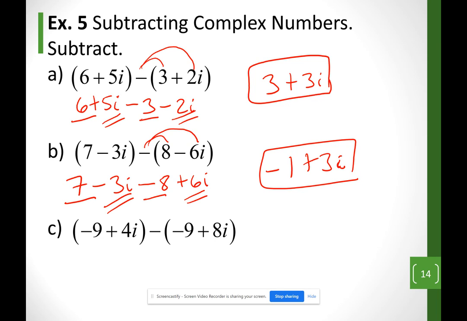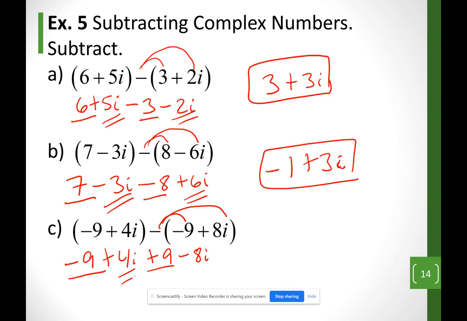Let's take a look at example C. Negative 9 plus 4i. Because of the minus, let me distribute to the parentheses that comes after. So it's going to give me plus 9 minus 8i. Let me take out the real part. Negative 9 plus 9, that's 0. So I'm not going to write this.